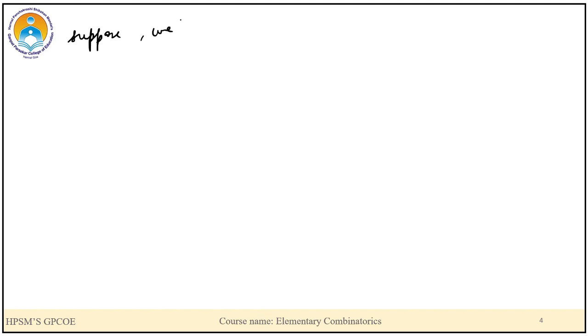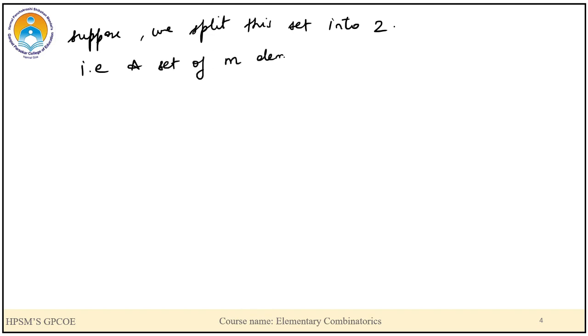Suppose we split this set into two, that is, a set of m elements and a set of n elements. Of course, both disjoint.